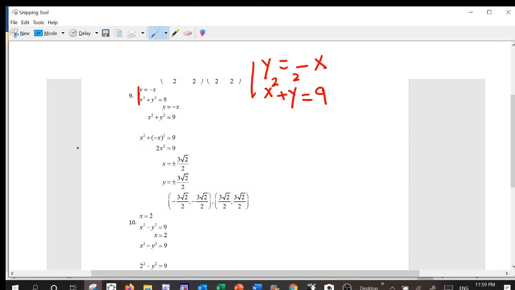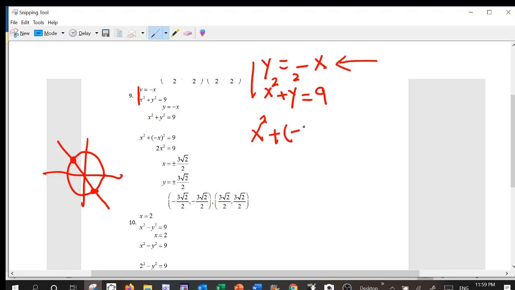So basically what we have here is a circle with a radius of 3, and then y equals negative x is basically that, right? So the two solutions we're after are these two right there. And algebraically, this is really much easier to just use substitution. So y equals negative x, so in the bottom one, all I do is what?